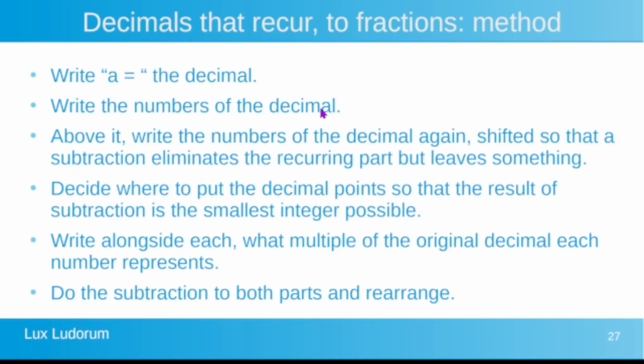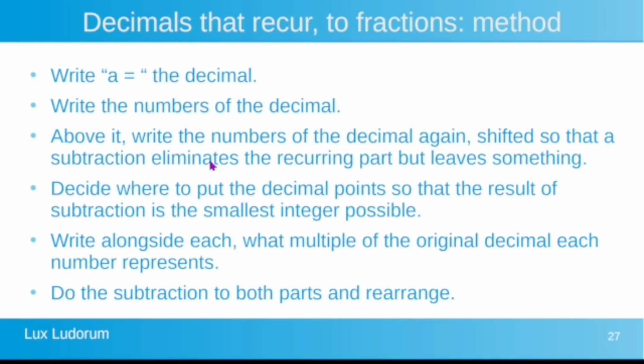Write the numbers of the decimal, no decimal point, no zeros, just the digits. Above it, write the numbers of the decimal again, but shifted so that a subtraction eliminates the recurring part but leaves something, not 0. It's got to leave something.